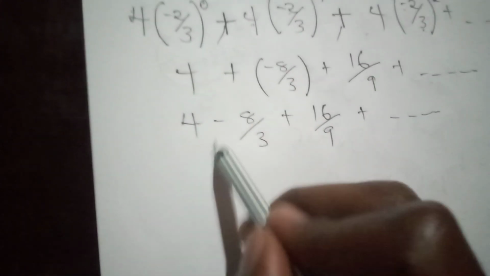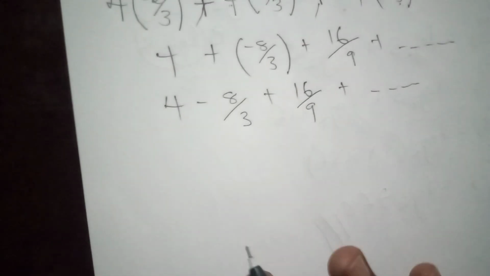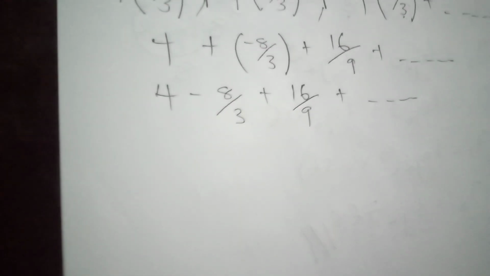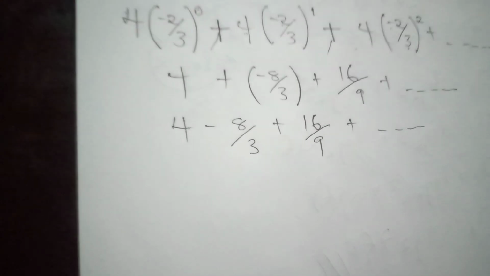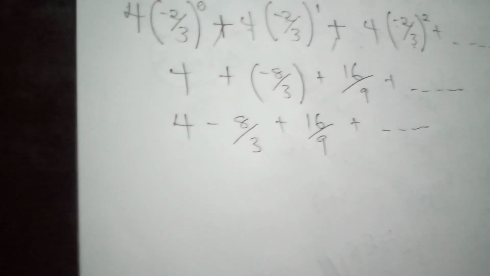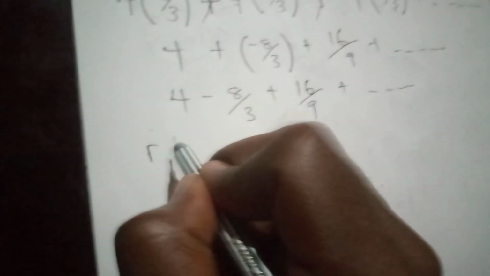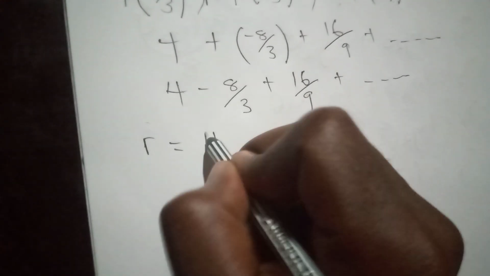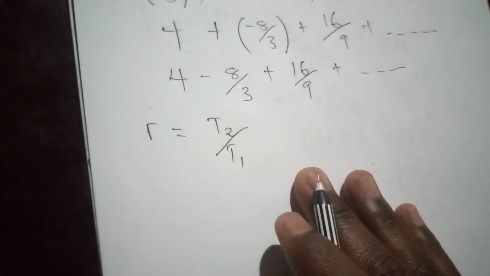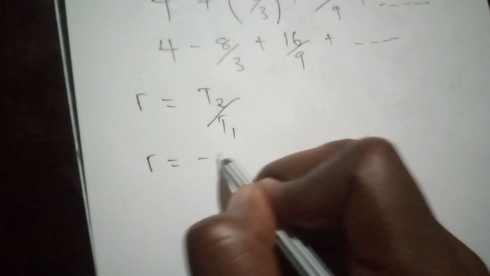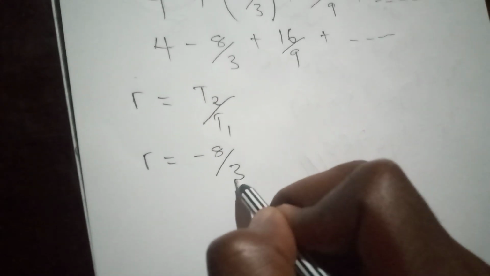So this is the first term, second term, third term. I have to find the common ratio, because the formula for the sum to infinity has a common ratio that should be replaced in it. The common ratio is obtained by dividing the second term by the first term. So that is negative 8 over 3 divided by 4 over 1. I'm going to change that: the common ratio equals, this part is maintained the way it is, negative 8 over 3.